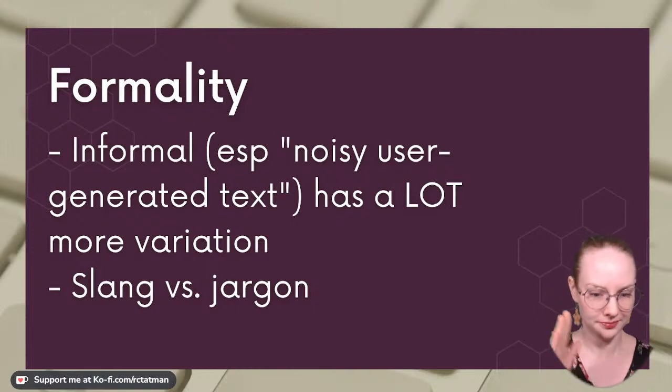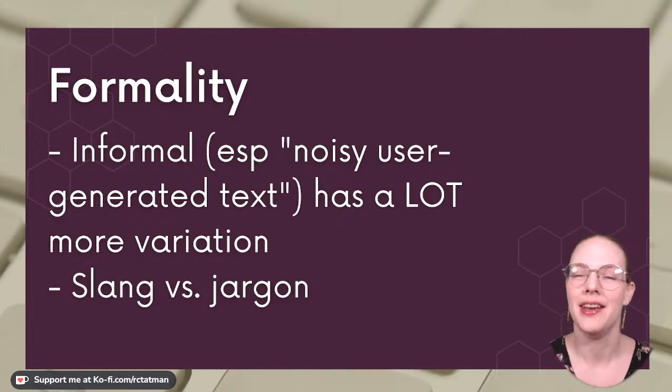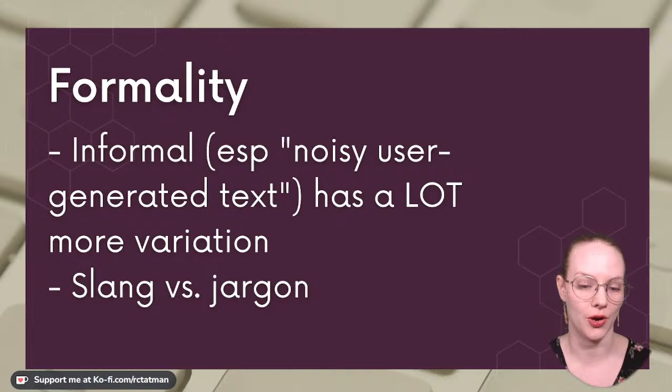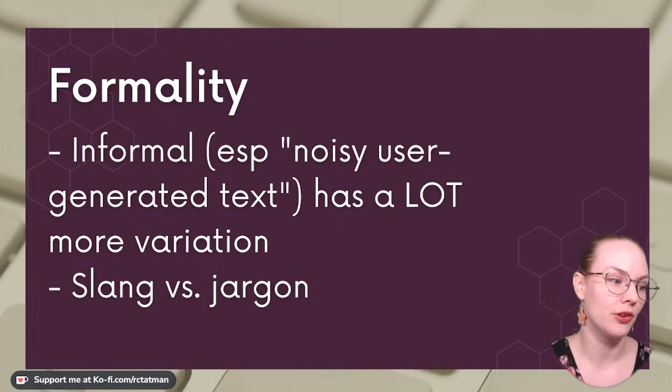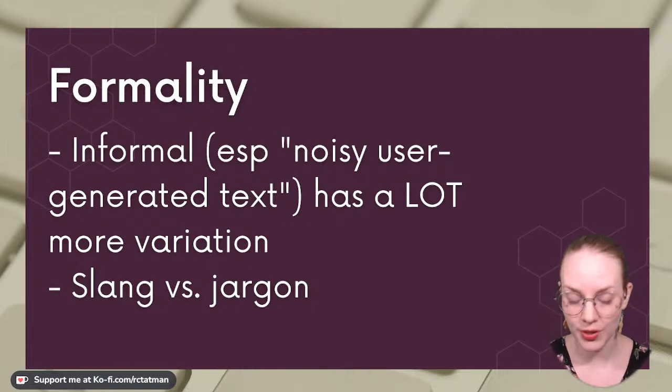And that institutional samening tends to create not super varied text, right? So particularly if you're looking at professional publishing outlets like news sources, they have very strict style and editing guides to make everyone sound sort of the same.